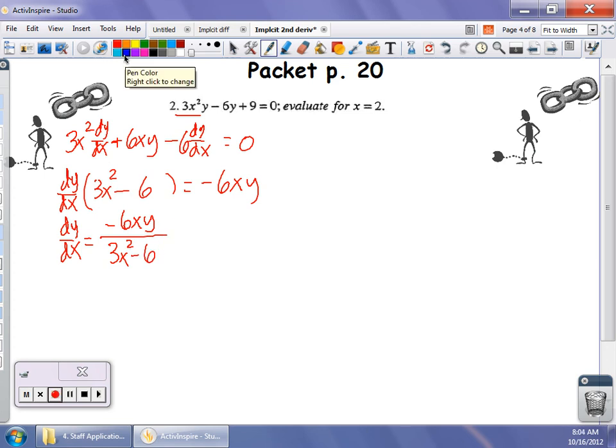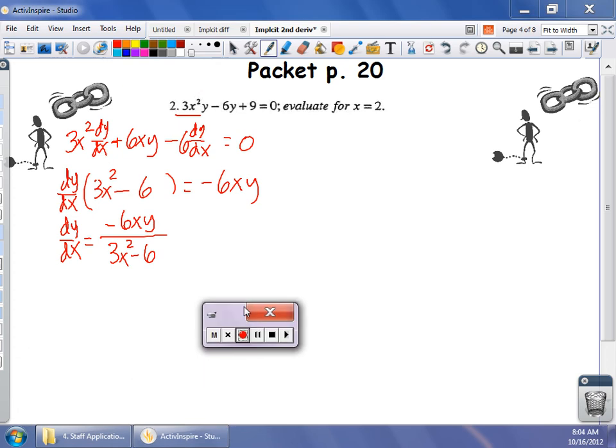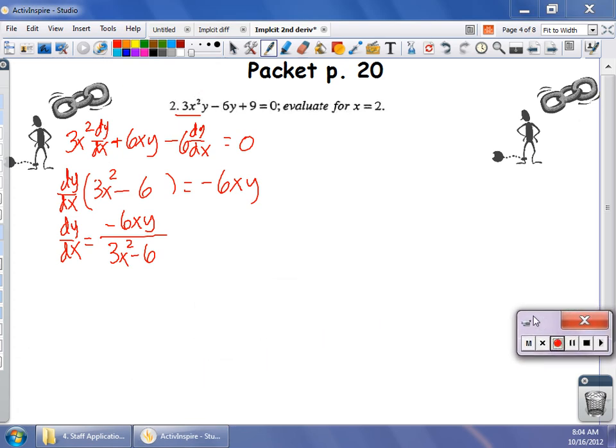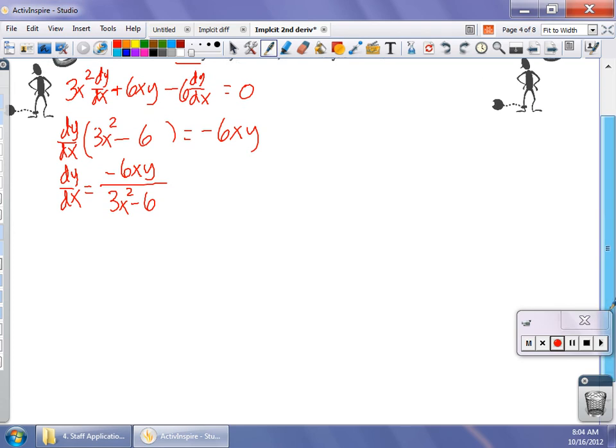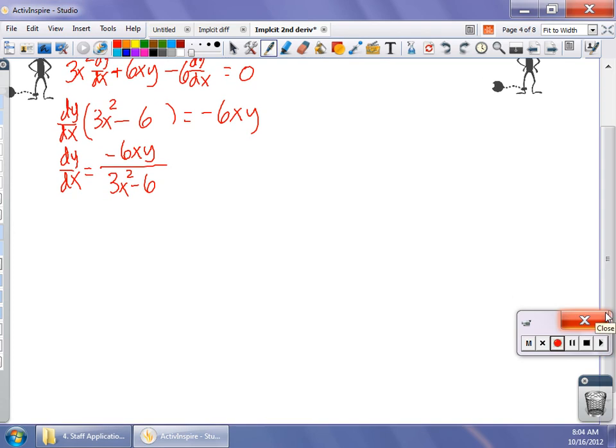Second derivative, again, it's going to get a little algebraically messy, but that's okay. It's not the end of the world. Just may feel like it. So I'm going to use the quotient rule here. So the second derivative, d squared y over dx squared, is equal to down, 3x squared minus 6, d up.